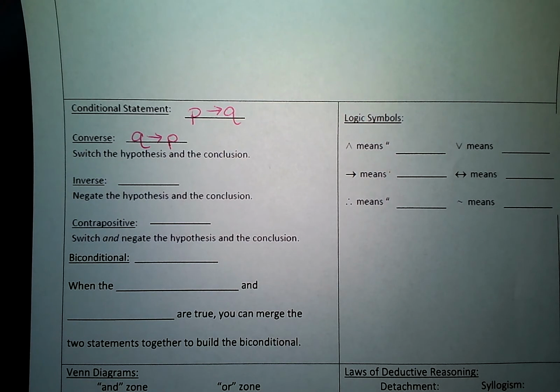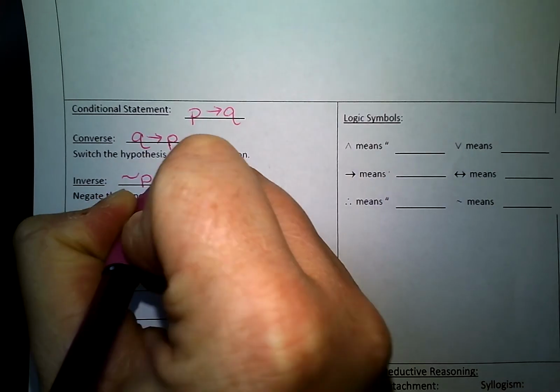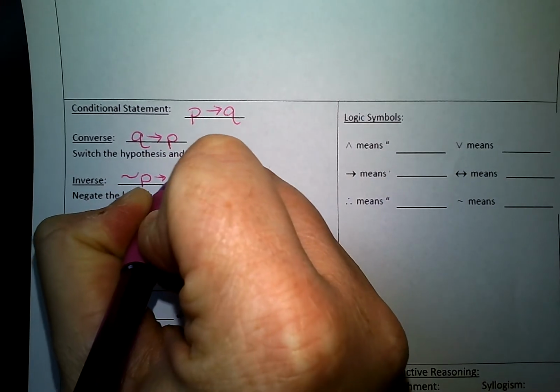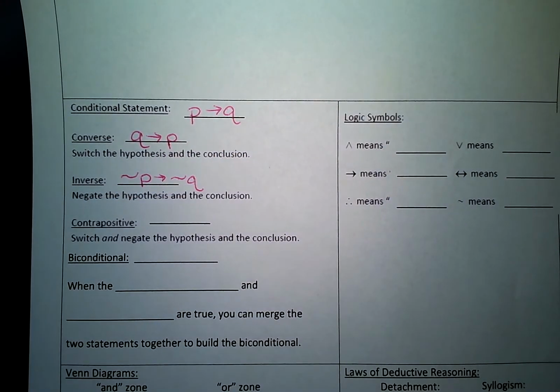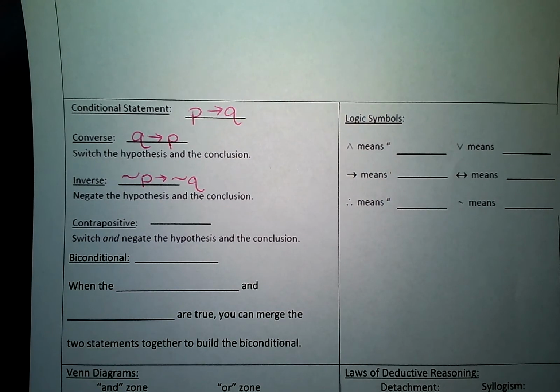The inverse is another way to manipulate the conditional statement. The inverse's job is to negate the hypothesis and conclusion. However, it does not switch the order. The squiggle is the symbol that we use as the negation symbol. And finally, there's the contrapositive.